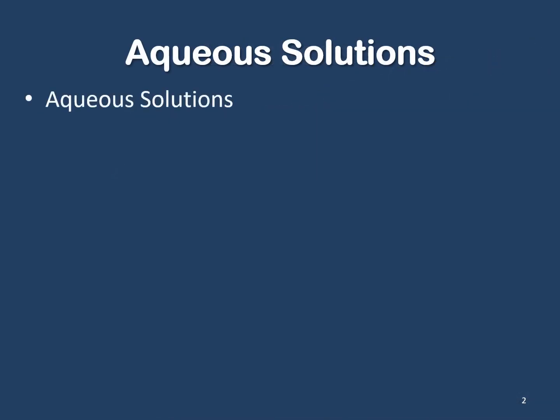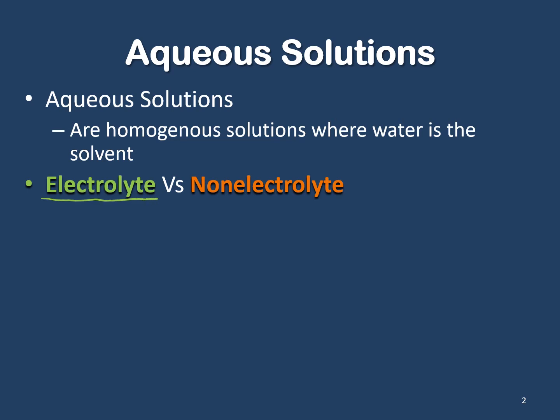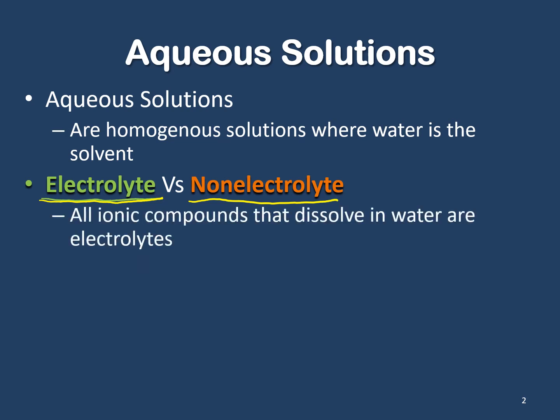So let's talk a little bit more about aqueous solutions. Now, when we talk about solutes, again, they are homogeneous mixtures where water is the solvent. We can group aqueous solution solutes into one of two main categories: electrolytes versus non-electrolytes. Now, an electrolyte is a substance that when it dissolves in water, breaks apart into ions.